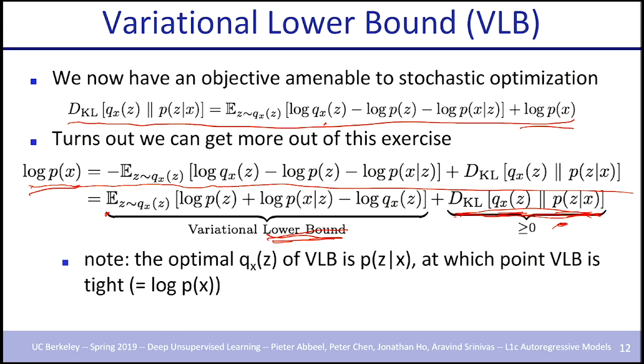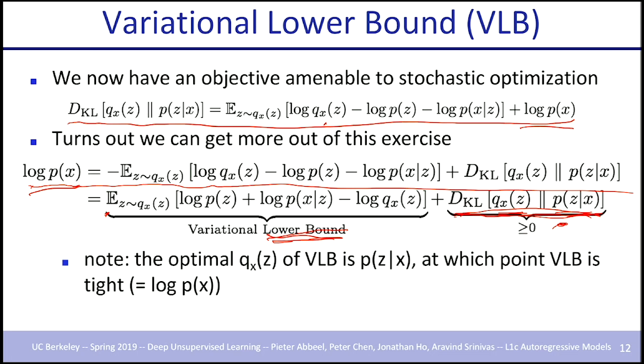Yes? So you said the gap between the lower bound and the marginal is the same as the gap between the approximate and actual posterior. Can you say the question again? So the gap between the variational lower bound and the marginal is exactly this term, because in the equation here there's no inequality.